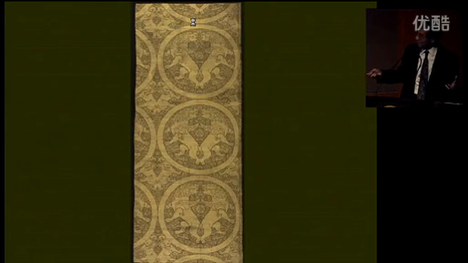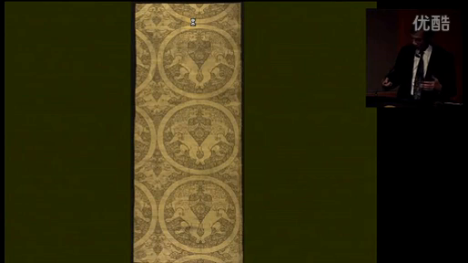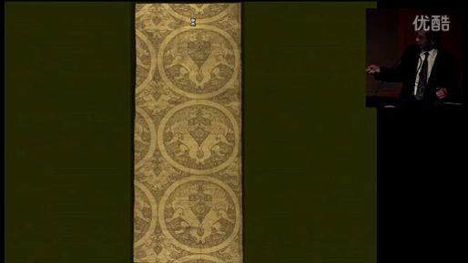This is a fine example of it in the Cleveland Museum, and you can see some aspects of the mixing of Iranian and Chinese motifs. The roundel with the adorned winged lions, of course, is basically Iranian.